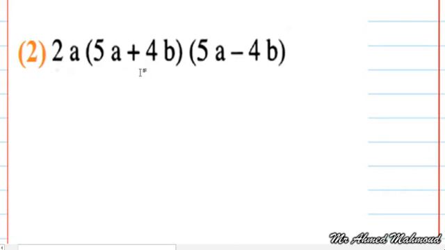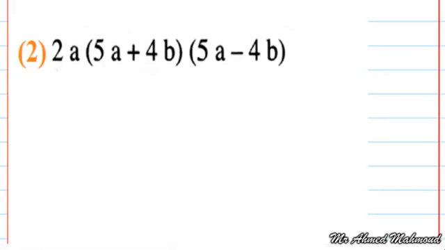We have two different ways. Some of us may multiply 2a by the first bracket and then simplify the two other brackets. Some of us start with the two brackets. I prefer to start with the brackets together. It's easier, to multiply bracket times bracket and then multiply the result by 2a.